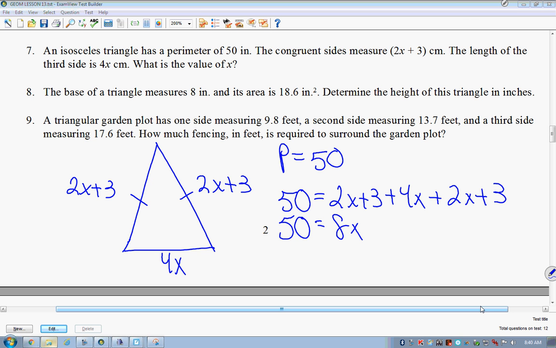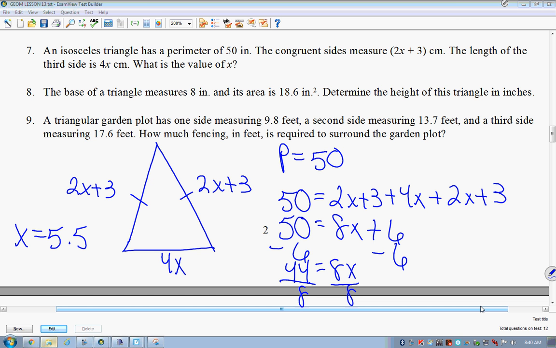All right, what's next? Plus 6, because we're going to combine my 3's. All right, now what? Subtract 6. Okay, 50 minus 6, 44. 44 equals 8x. Divide by 8. What does x equal? What's that? 5.5. Okay?